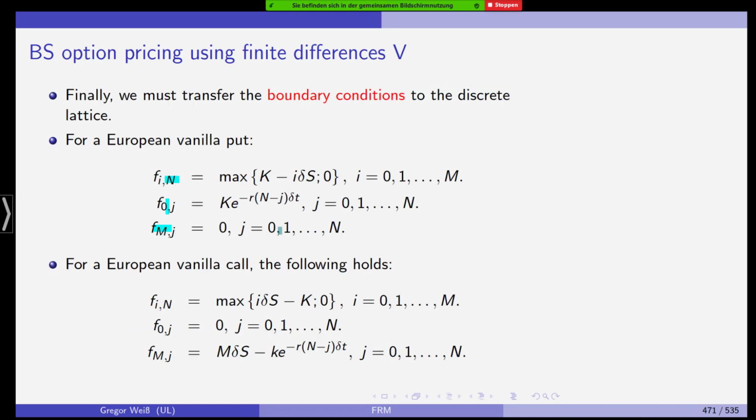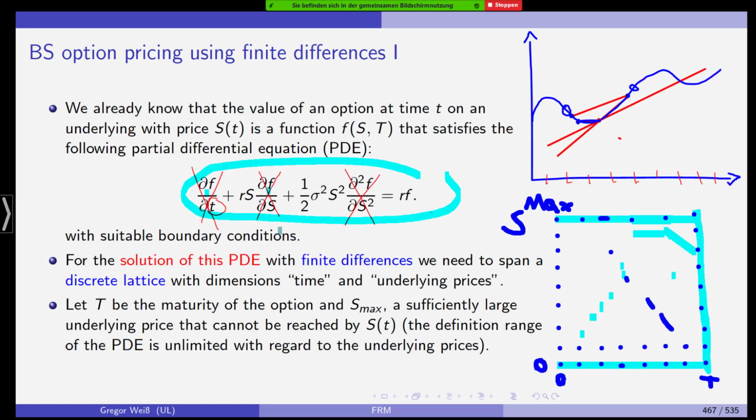Now what we do is, again, we always do this, we go back in time. We have this column, and then we fill this, and this, and this, and this, and this column. And then we have all potential option prices for any starting point.